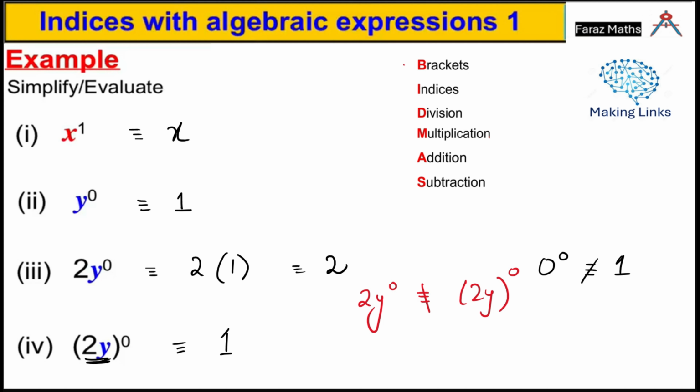So first we always have to do the brackets, then we do indices. Now division and multiplication, they both are equal. It is up to you, you can divide the number first and then multiply, or you can multiply first and then divide. And then we have addition and subtraction, they are also equal. You can subtract first and then do addition, or you can do addition first and then subtraction.